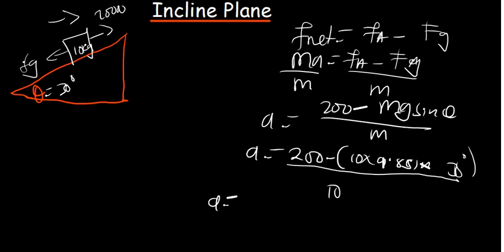Our acceleration is going to be 200 minus, open brackets, 10 times 9.8 is 98, 98 sine 30, close brackets, divided by 10. I'm getting 15.1 meters per second squared. That is the acceleration which I'm getting.